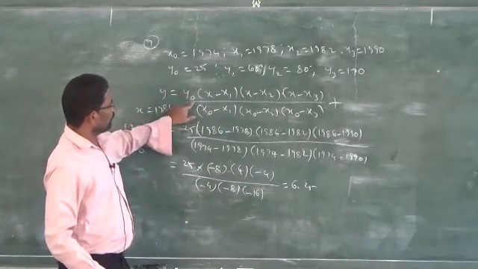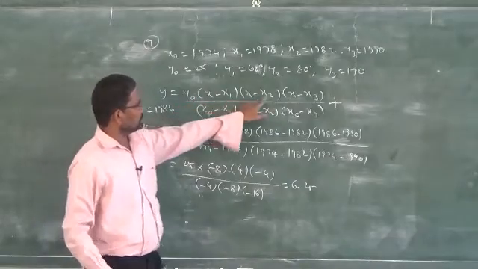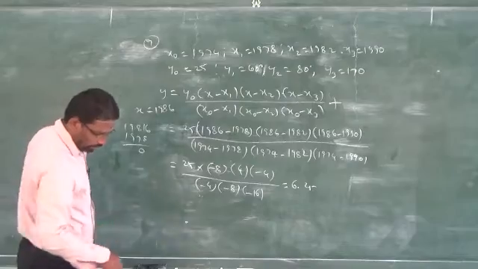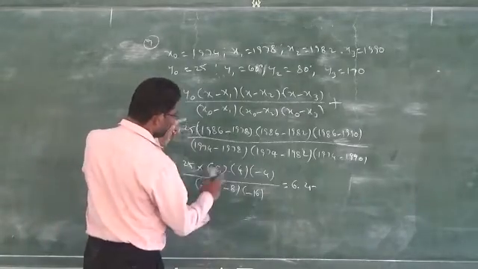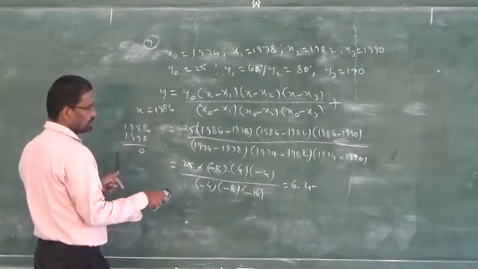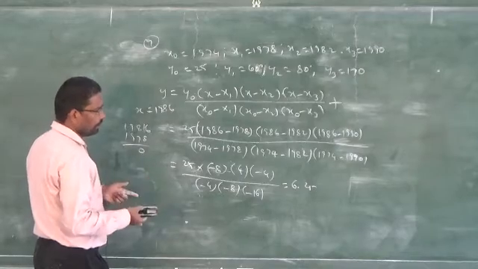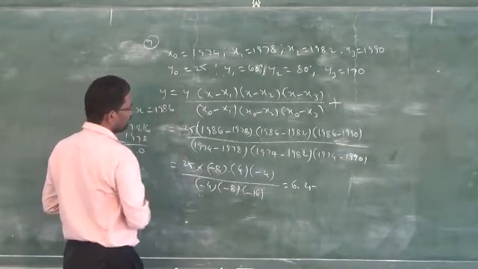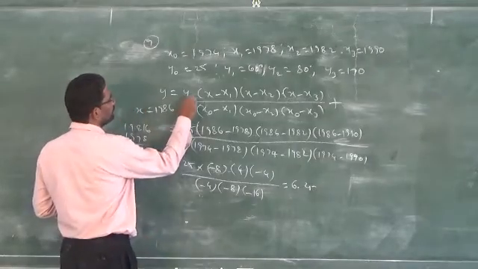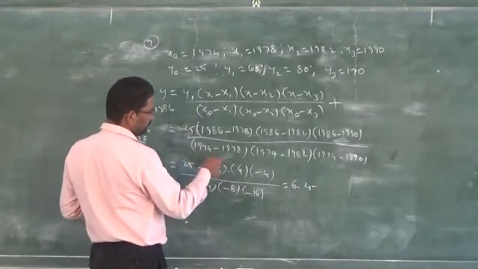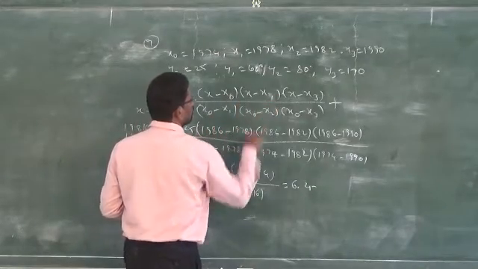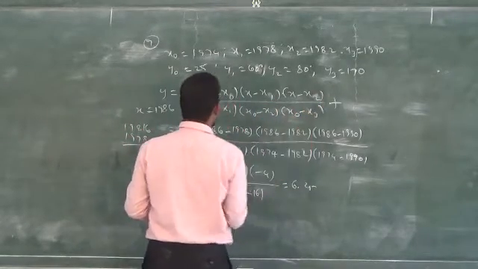Similarly, take y1, (x minus x0), (x minus x1), and apply that formula, and you will get the second part. I will just substitute; please work out all these steps with the help of a calculator. Be careful: if you miss any negative sign, you will get wrong answers. So this is the formula for the second part.